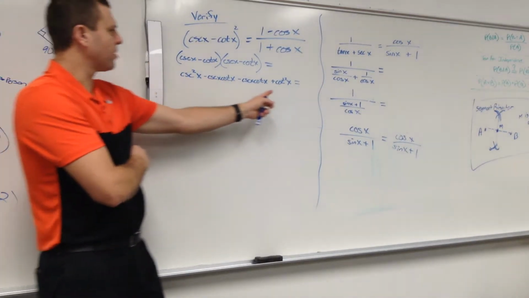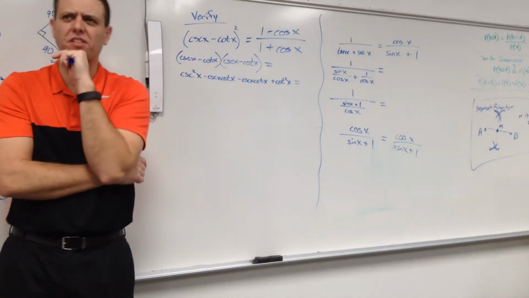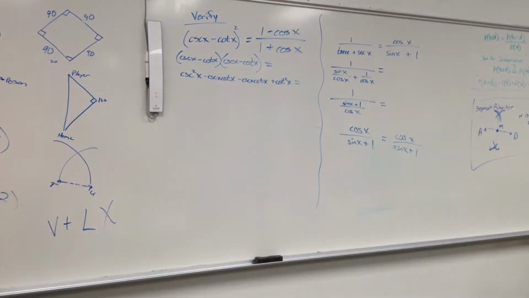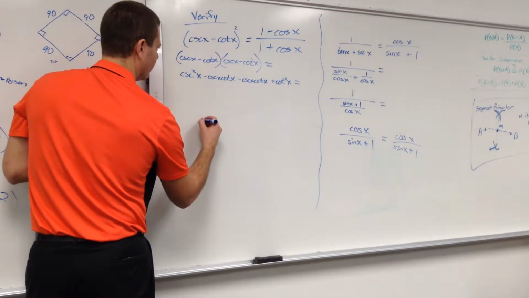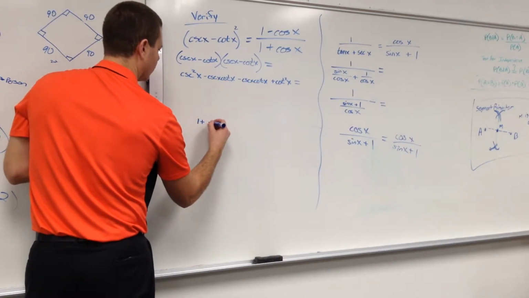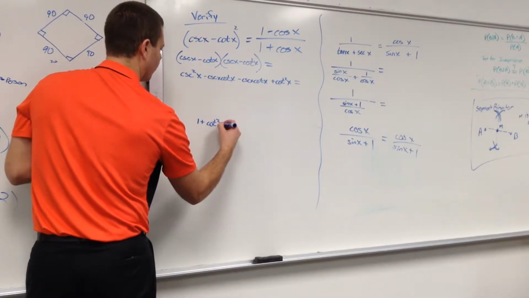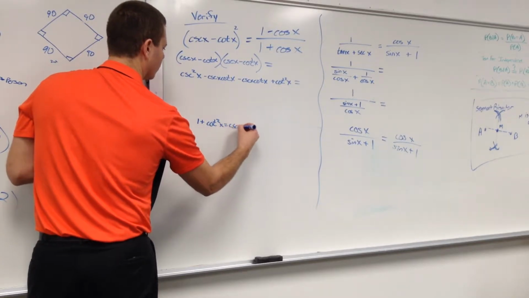Cosecant squared and cotangent squared, do they exist in a Pythagorean identity somewhere? Wait, yeah, they do. What does that Pythagorean identity say? 1 plus cotangent squared equals cosecant squared. So it's not quite there.